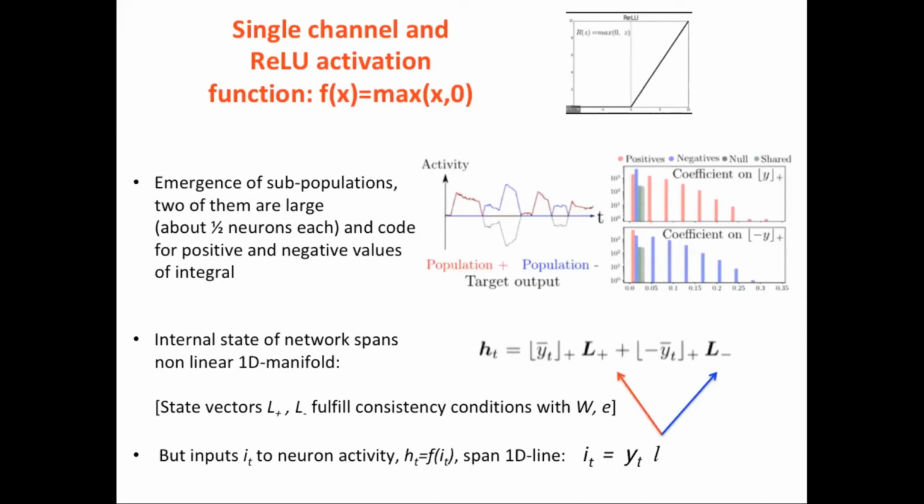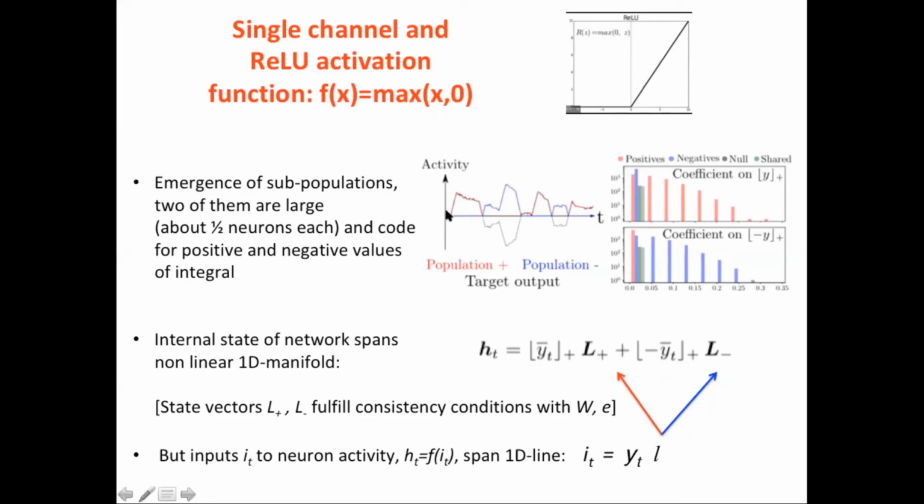If I want to be more precise, what we see is exactly this. Here you see the activity of the two populations, the red and the blue population. It may be that the whole network is not composed of the two subpopulations only. There might be some neurons which are never active, but these two populations do exist.